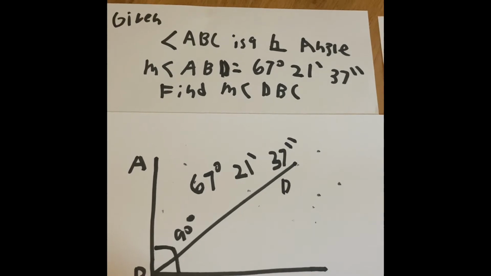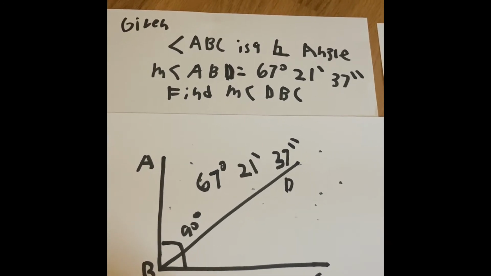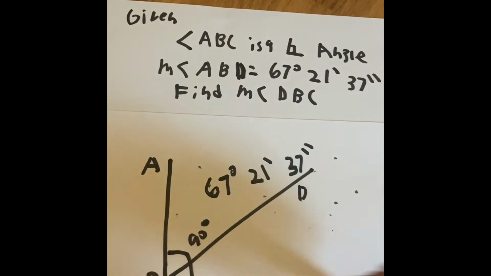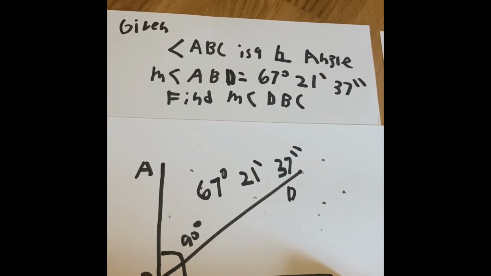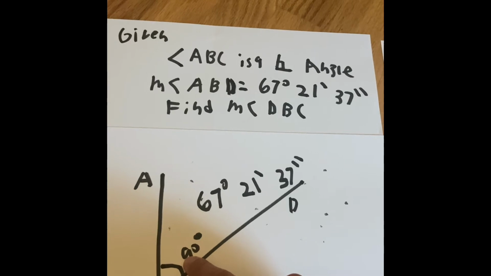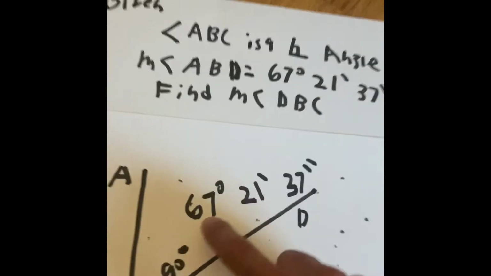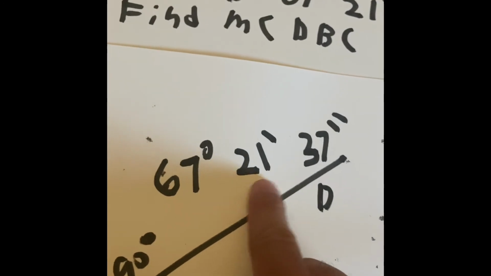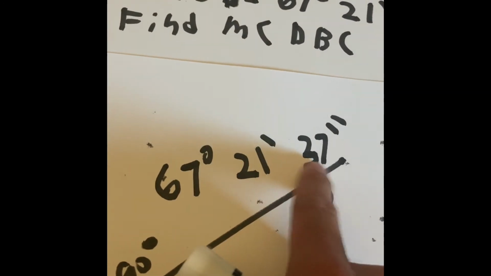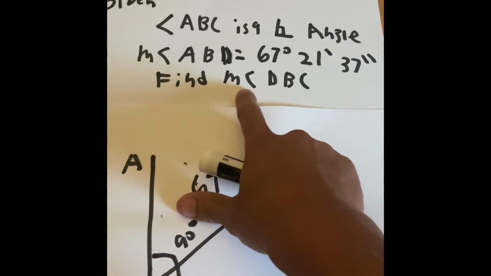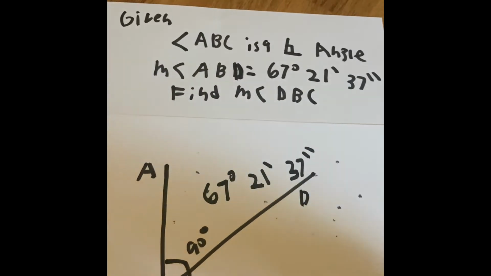So here is our example problem. This is what is given to us. If angle ABC is a right angle and is 90 degrees, and the measurement of ABD is 67 degrees, 21 minutes, and 37 seconds, what is the measurement of DBC?